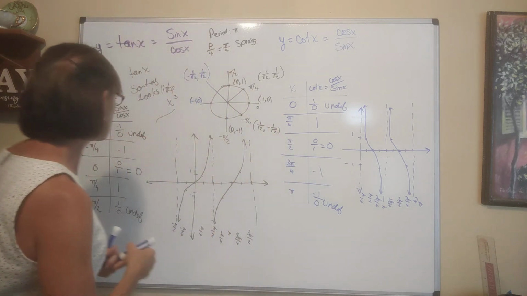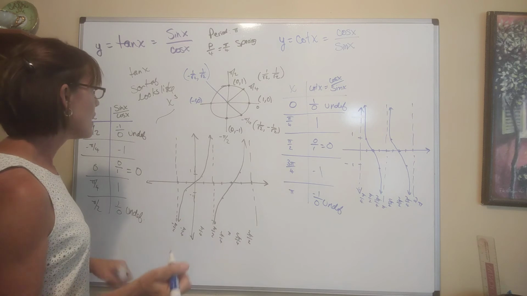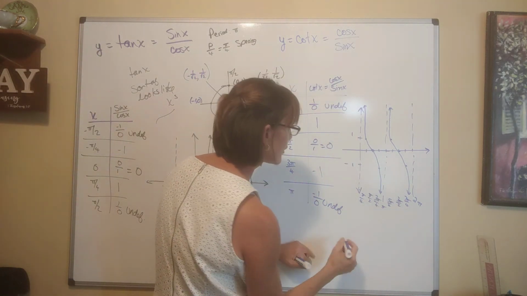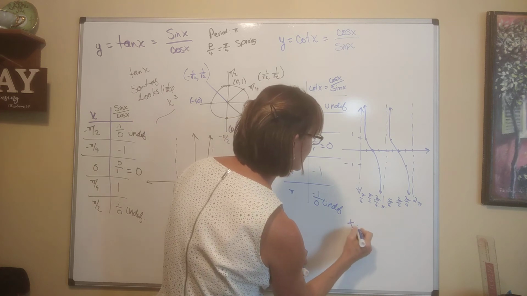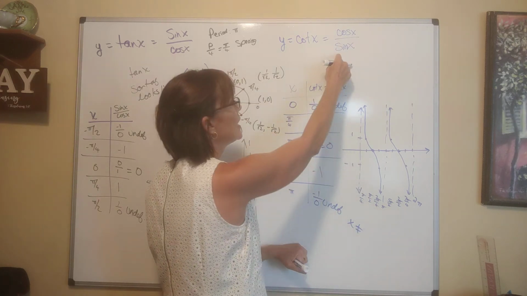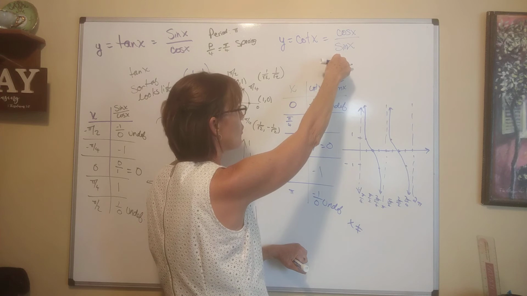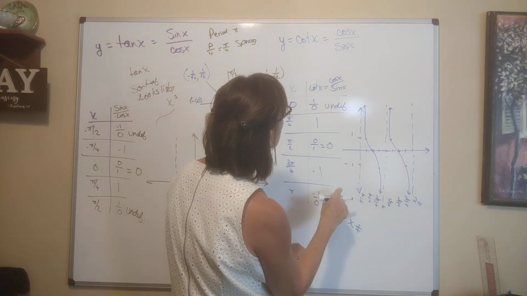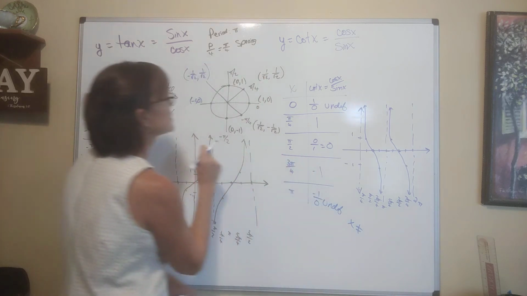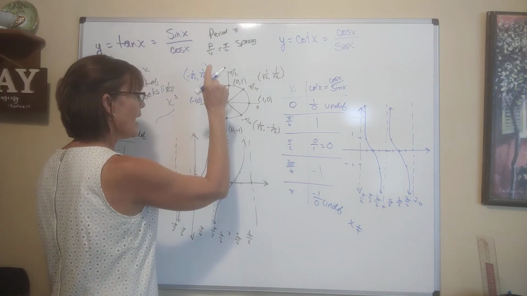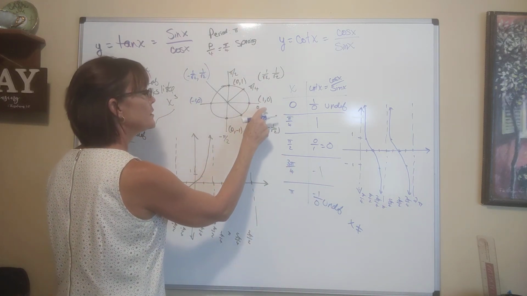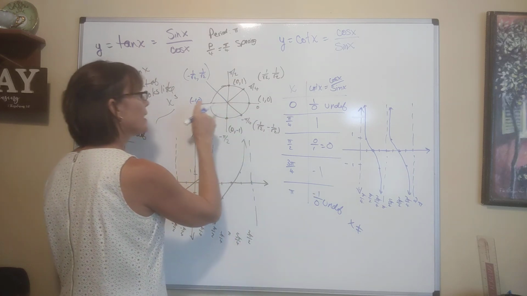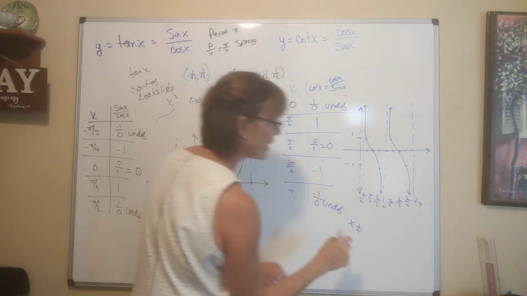If we wanted to talk about the domain and range for these, let's do cotangent because that's what I have a blue marker for. X is not allowed to be anywhere the sine is equal to 0. Well, where is the sine equal to 0? Sine equals 0 at 0 and pi and 2 pi and 3 pi and 4 pi and 5 pi, any multiple of pi.